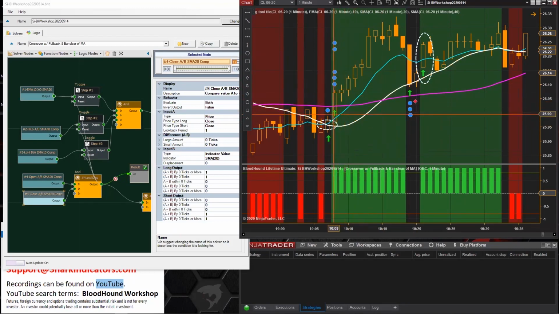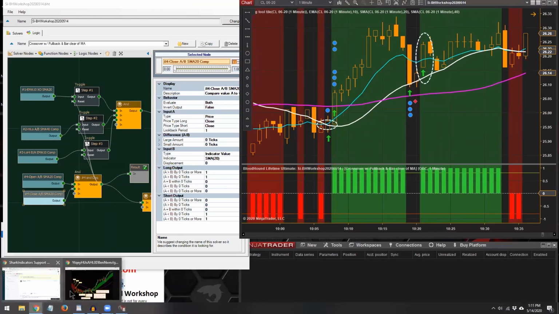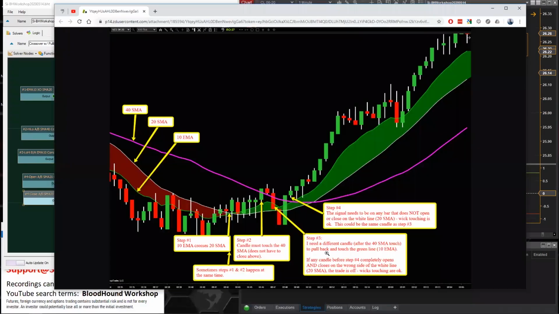So this single bar here performed step 2, step 3, and step 4 all in one bar. But as our screenshot tells us, we need a different candle after the SMA 40 touch.